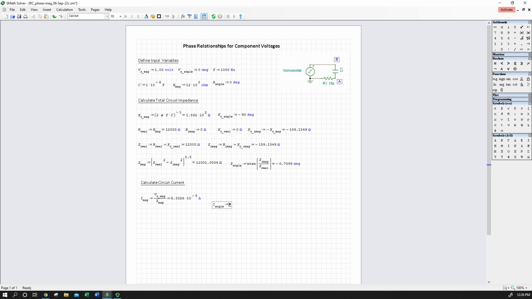And in order to divide basically polar notation expressions, of course, we subtract the numbers. So I'm going to subtract my Z angle from my VS angle. So I have VS angle minus Z angle.